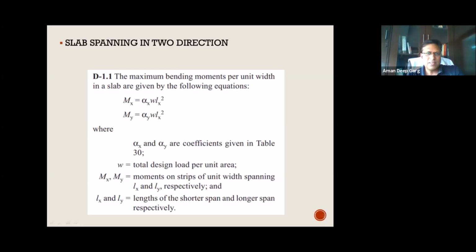Now it has reached 6 millimeters, which is the deflection for the 3 meter span of the slab. So would it go further? Up to 6 millimeter deflection, the load was free to be taken by the strips in the X direction also, in the Y direction also. But now 6 millimeter deflection has been achieved.